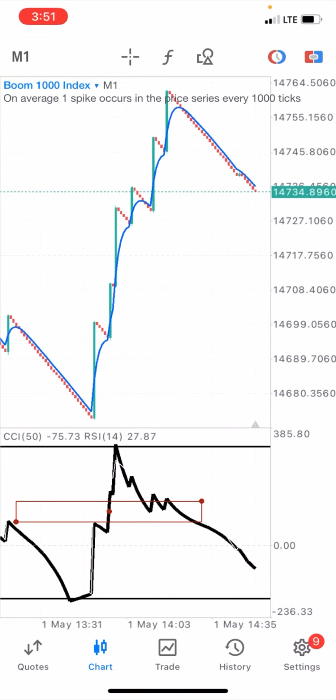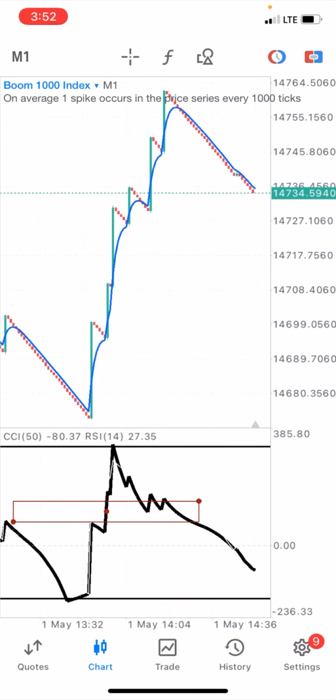Now I need you to understand something. For the fact that I want you guys to win forever, and to be able to make consistent and sustainable profit out of this market, I advise that you learn to understand the art of price action. These indicators sometimes might fail you, but price action is actually key.